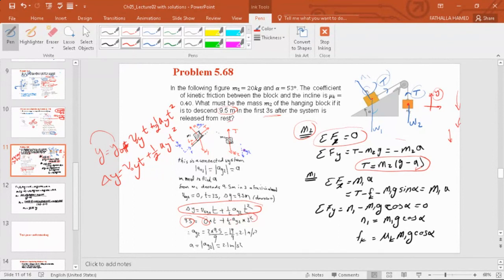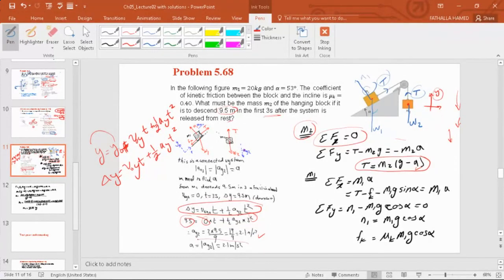If you want to get the ay, you can multiply this by 2. It will cancel the half. So you have 2 times 9.5, and you divide by 3 squared, which is 9. That's why ay is equal to 2 times 9.5 divided by 9, and that will give you 2.1 meters per second squared.